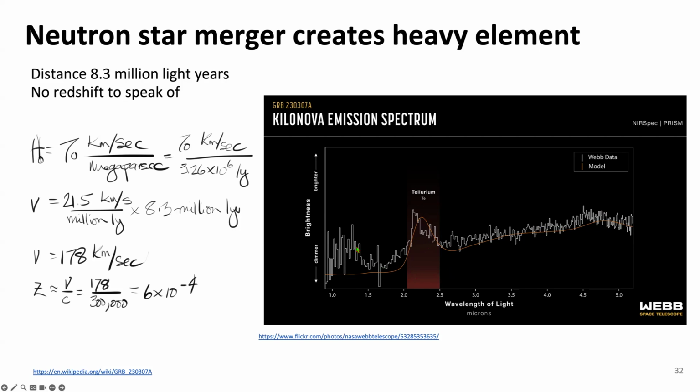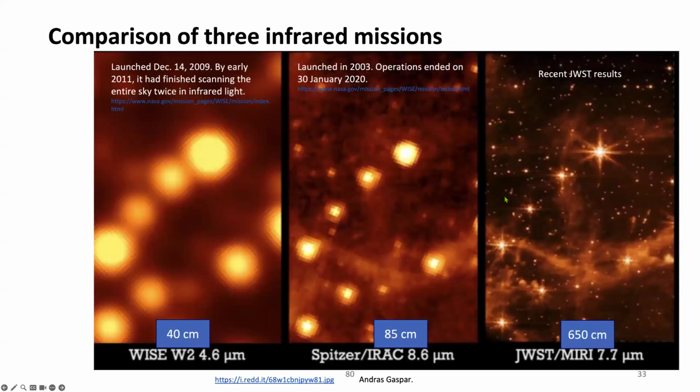Turns out this was not that far away. This is my handwriting. Calculating the redshift, the value is rather small, which means the speed of this event away from us is not huge. And you see the comparison. The orange line matches with the white line, and we can detect particular atomic species out there in the universe.